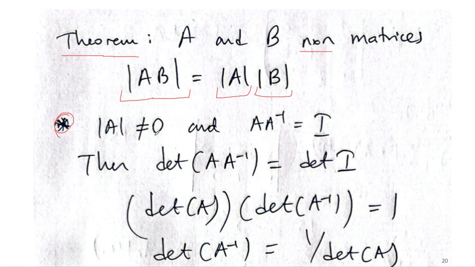If the determinant of A is not equal to 0, and A times A inverse equals the identity matrix, then the determinant of A times A inverse equals the determinant of the identity matrix. But we know that the determinant of identity is always equal to 1.